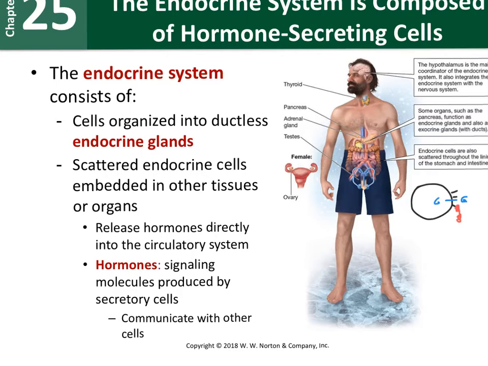So men have a lot more testosterone, but they do have some estrogen-like hormones, and women have much more estrogen-type hormones, but they do have a little bit of testosterone too. So the endocrine glands are ductless, and the tissue releases these hormones.